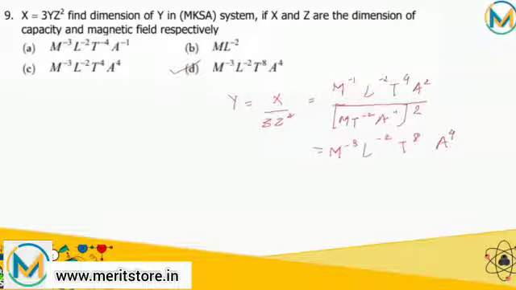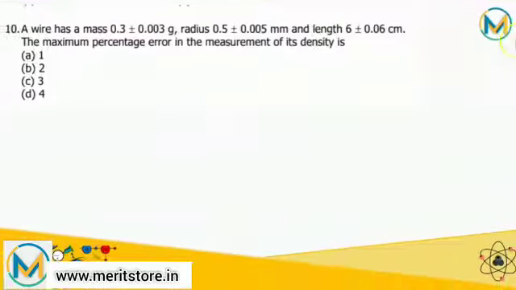Moving towards the last question. A wire has mass 0.3 ± 0.003 gram, radius 0.5 ± 0.005 mm, and length 6 ± 0.06 centimeter. The maximum percentage error in the measurement of its density is.